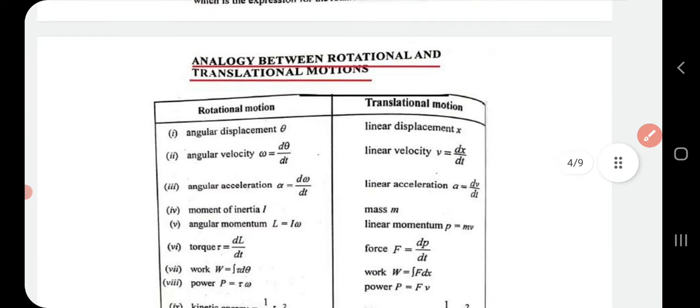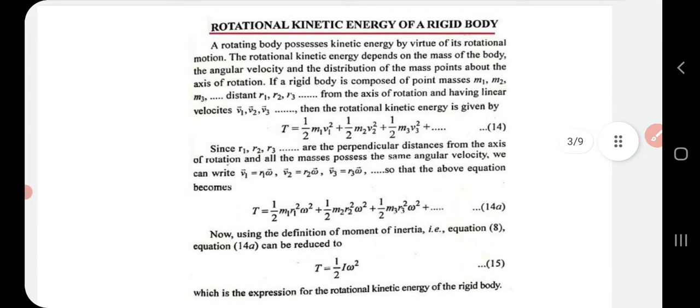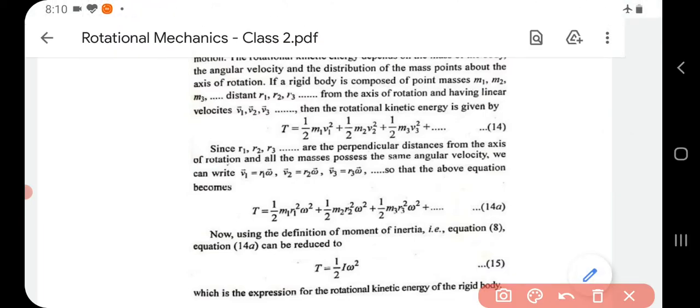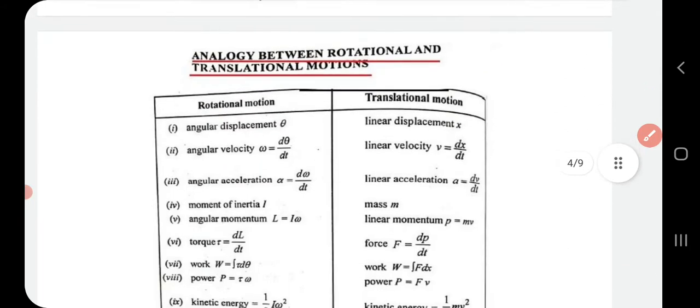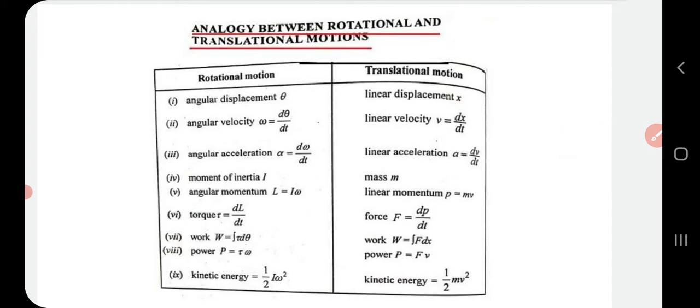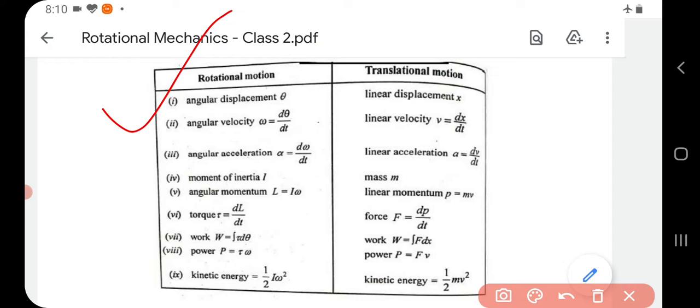This is what you have to write when you are asked to write about rotational kinetic energy. Now this is an analogy between rotational and translational motion, just a comparison. This is also very important. In rotational motion, what we use is angular, but in translational motion, we always use linear. In rotational motion, angular displacement is theta, whereas in translational motion, linear displacement is represented by small letter x.